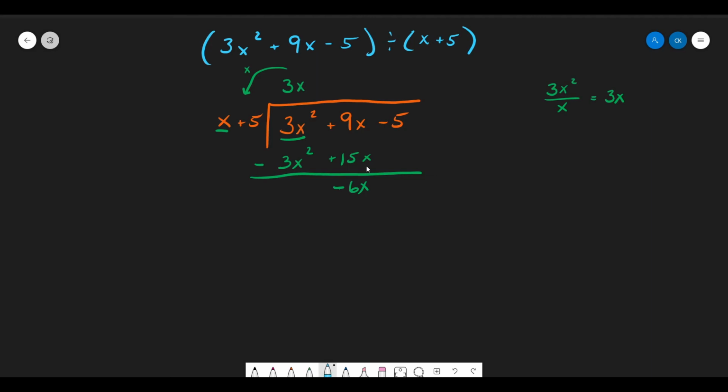Now, I take whatever the extra term is, or the next term, and I drop it down. And then I do the process all over.